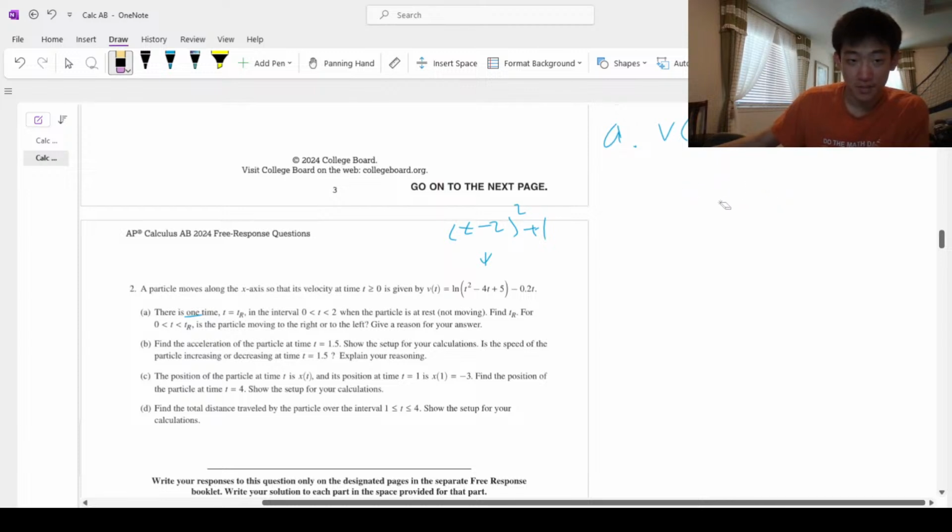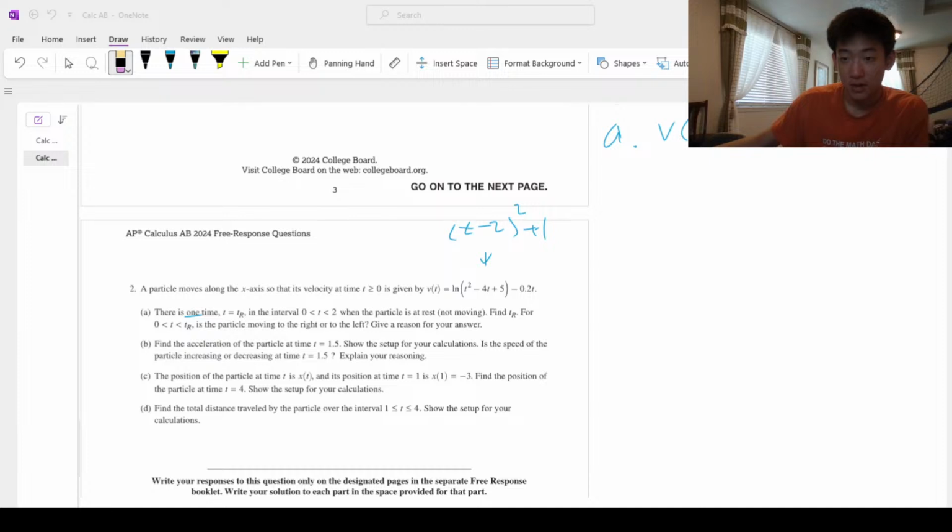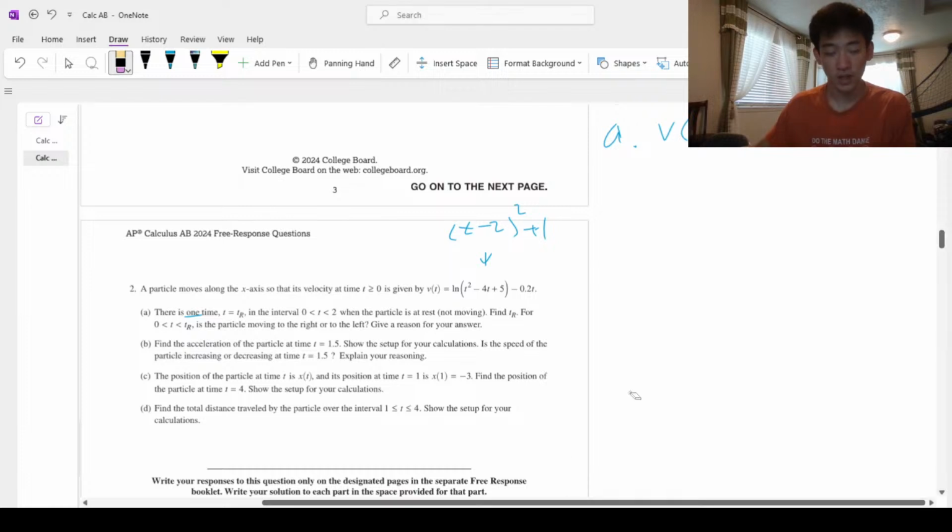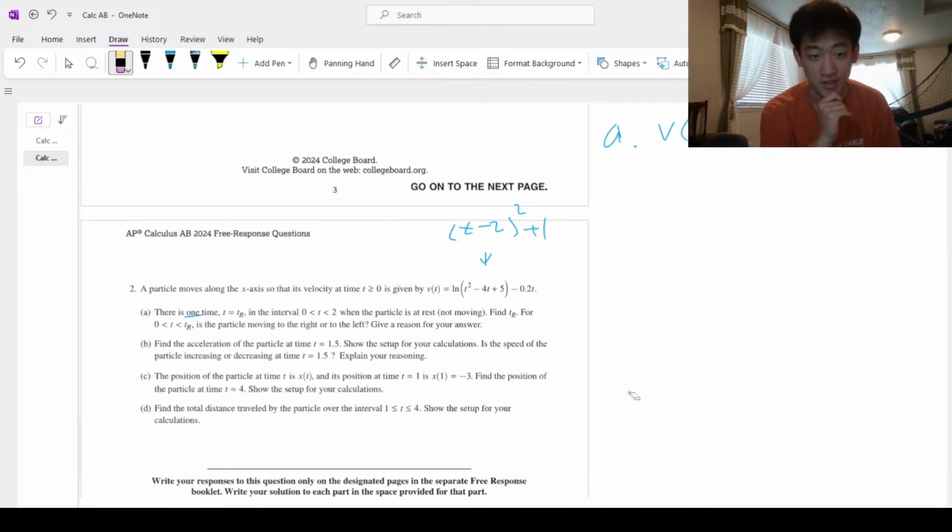But when I graphed it, it basically gave me that as an answer. So I think I have it put in correctly.